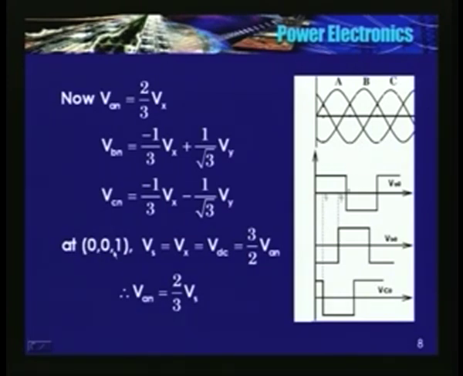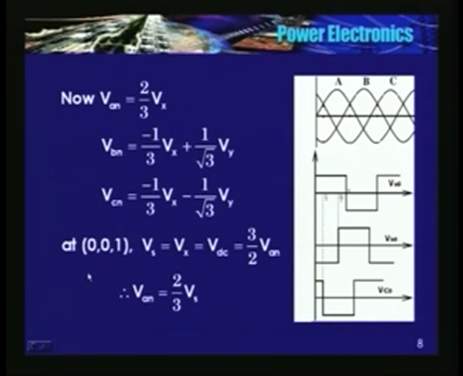For 0, 0, 1, we found that VAN is 2 by 3 VDC, and VBN and VCN are the same, minus 1/3 VDC.